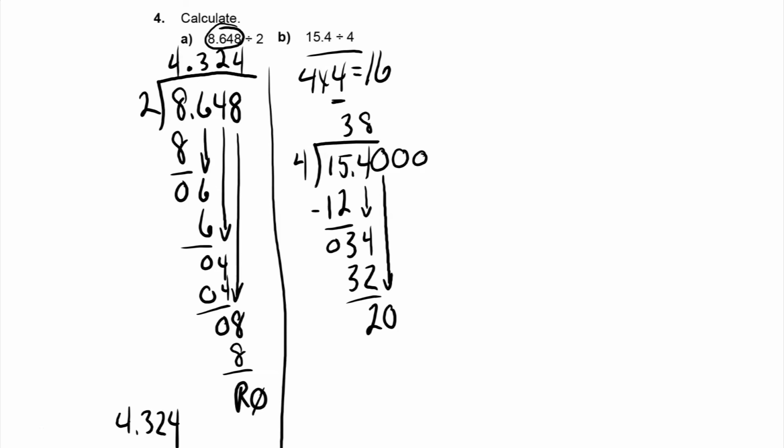Number of 4's in 20 are 5. 5 4's are 20. Subtracting 20 gets a remainder of 0. So 15.4 divided by 4 is 3.85 with a remainder of 0.